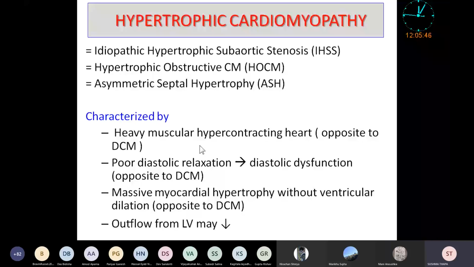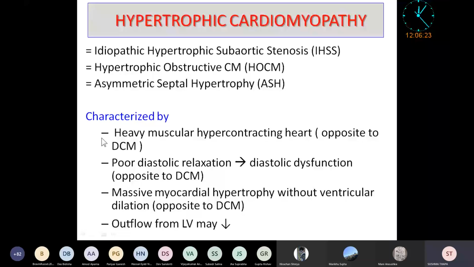Due to some obstruction, there is hypertrophy of the cardiac muscle. Or next, there may be hypertrophy of the septum. So asymmetric septal hypertrophy: the wall may not be involved, but still there is hypertrophy of the heart muscles, mainly involving the septum. Okay, septum means the wall which is between the two ventricles. So it is termed asymmetric septal hypertrophy.